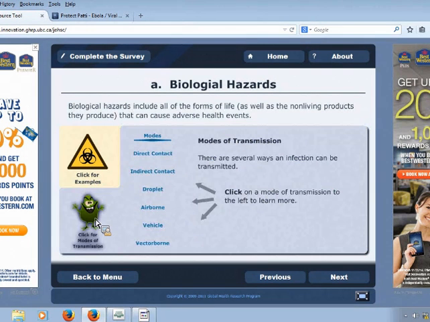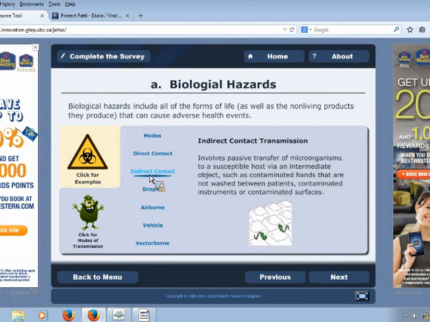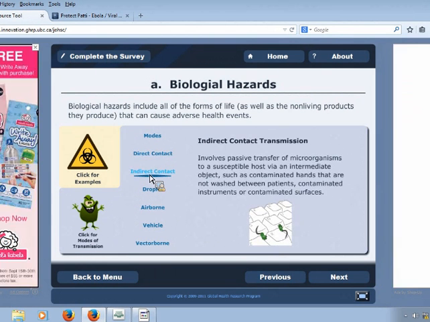What's important from the perspective of prevention is understanding the modes of transmission. So direct contact is particularly important, which is why hand washing is key. Indirect contact is also a source of transmission, which is why we not only have to wash our hands, but ensure that surfaces are cleaned as well.